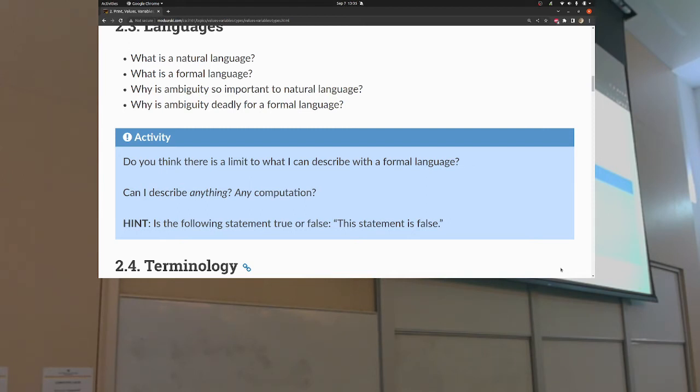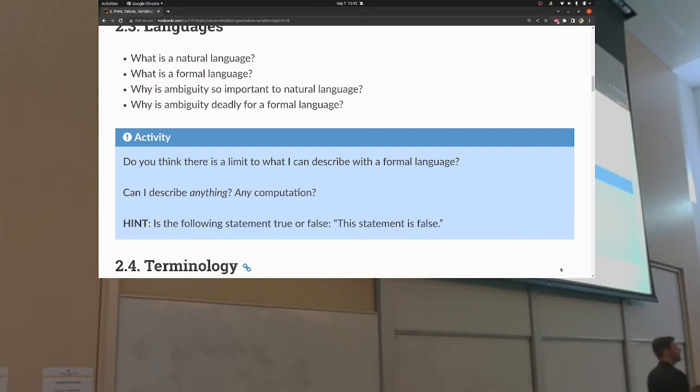So if the statement's false, and it's saying this statement is false, that means I should assume it's true. Because it told me it's false, so I can't believe it, and therefore, it must be true. But hold on a second, if it's true, then it's telling me it's false. But if it's telling me it's false, do we see the trouble here? We've kind of created a little bit of a paradox, right?